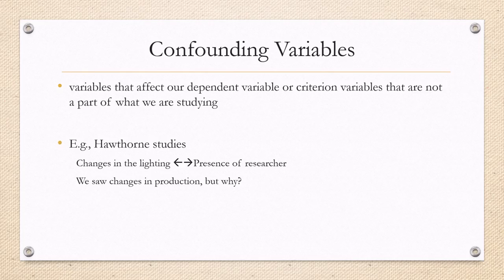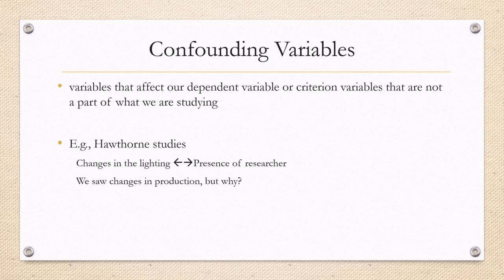A way to test whether this was influencing the outcome is to manipulate whether researchers are present independent of having changes in the lighting. We can do this by having a situation in which a researcher is present and not changing the lighting, and having other situations where there is a researcher present and there are changes in the lighting.